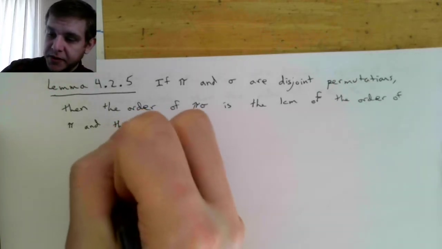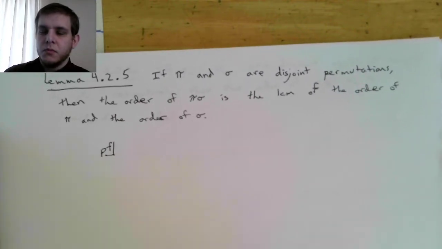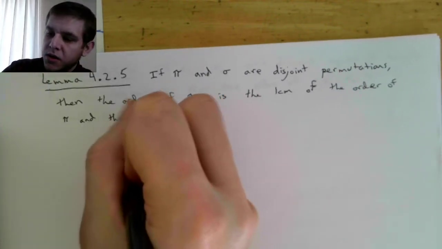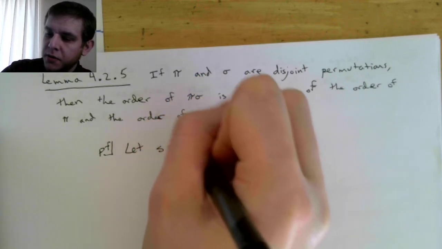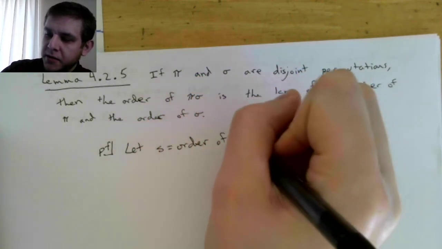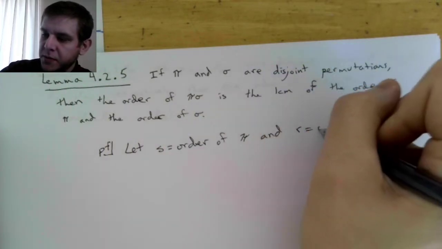Okay, so let's prove it. So let S equal the order of pi, and R equal the order of sigma.